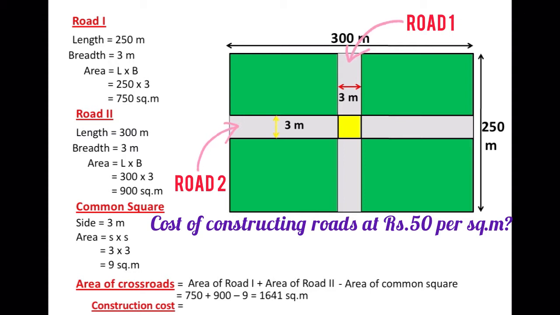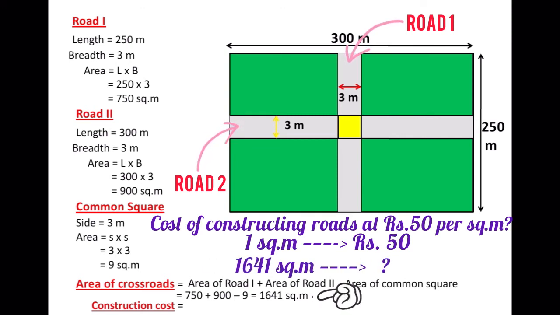Rupees 50 per square meter means that the cost of constructing 1 square meter is rupees 50 and we have to find the cost of constructing 1641 square meters. So 1641 multiplied by rupees 50 comes out to be rupees 82,050.